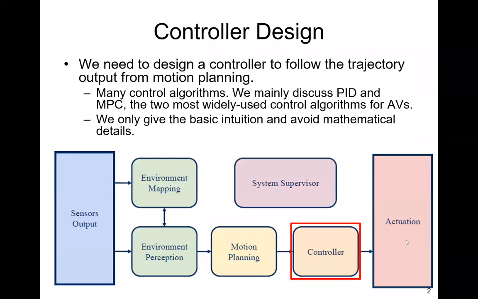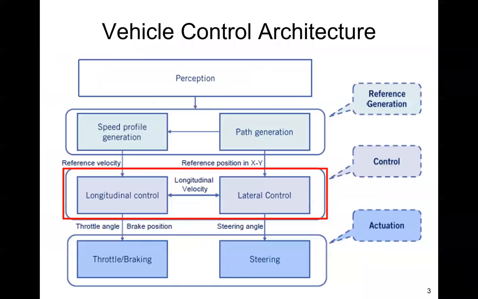So here's the overall system autonomous driving framework. Last lecture we were discussing control. So here's a more detailed description of the vehicle control architecture. The planning module actually consists of 2 parts: path planning, path generation, and speed profile generation. Specifically, that's a local planning step.